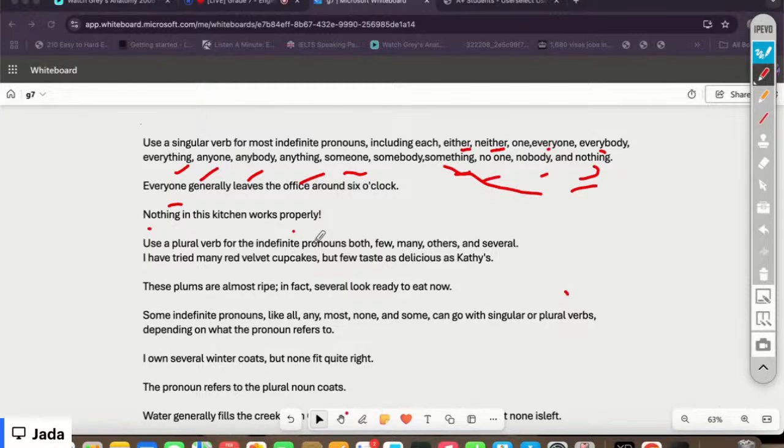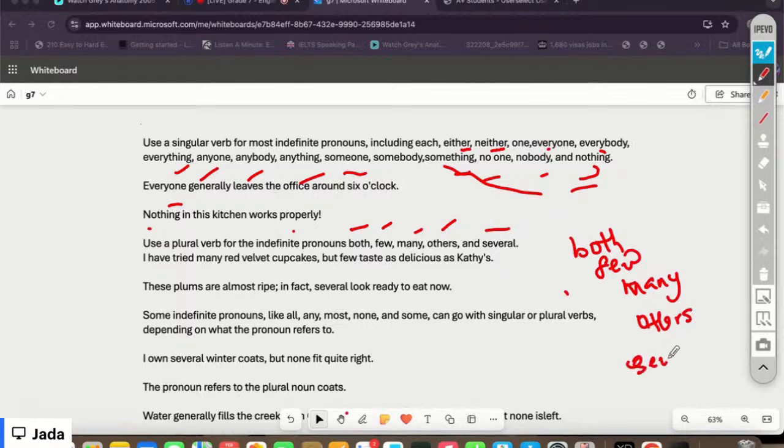Use a plural verb for the indefinite pronouns both, few, many, others, and several. They are not a lot, so you can remember them. If you see any of these, you use them with a plural verb.